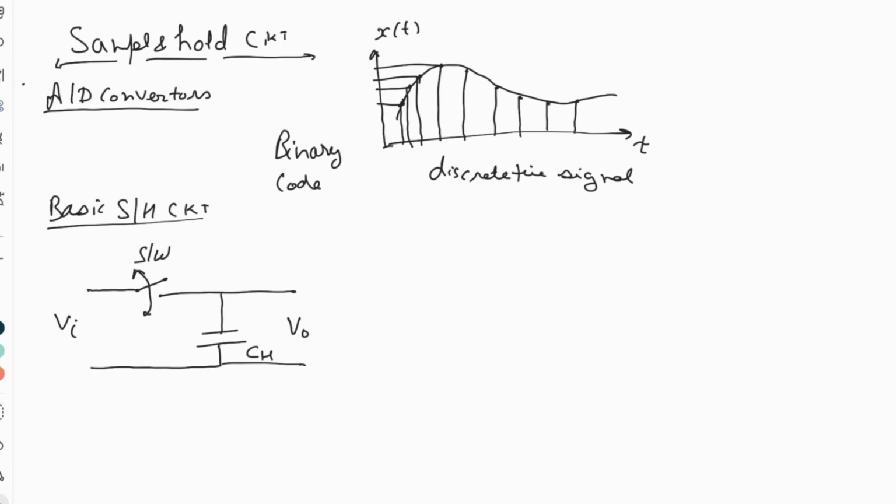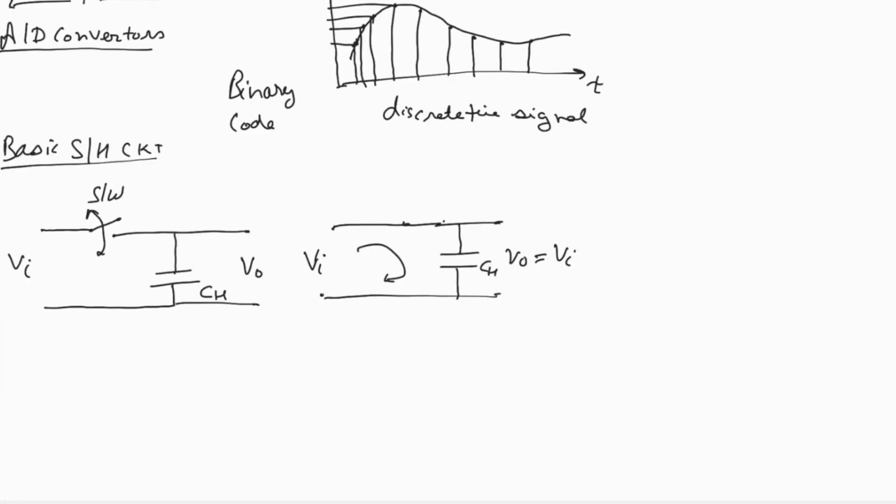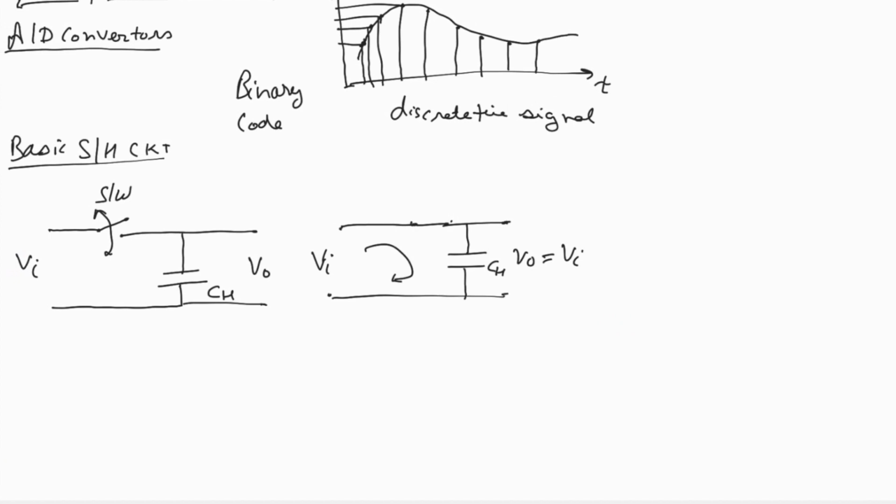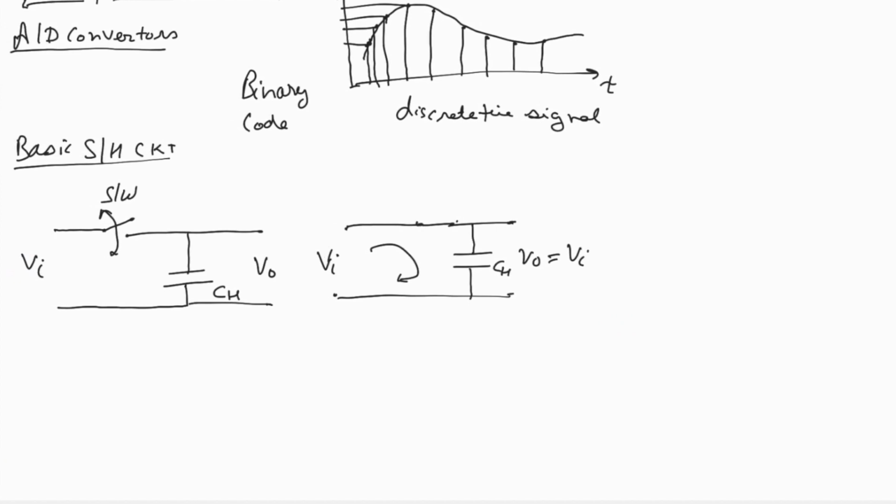When the switch is closed, the input signal will charge the capacitor Ch, and in that case the output voltage will be equal to the input voltage, basically following the input voltage.